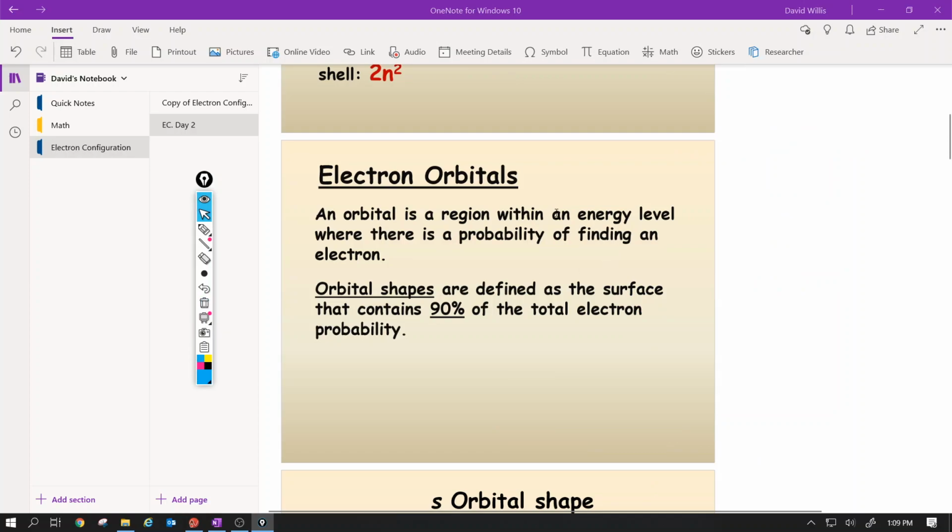So our electron orbital is the region where we have a probability, specifically a 90% probability, of finding an electron. That is what we just talked about: you have 1 orbital within the S, 3 within the P, 5 within the D, and 7 within the F. Let's look at that real quickly.